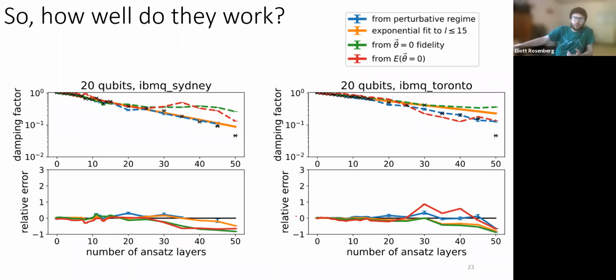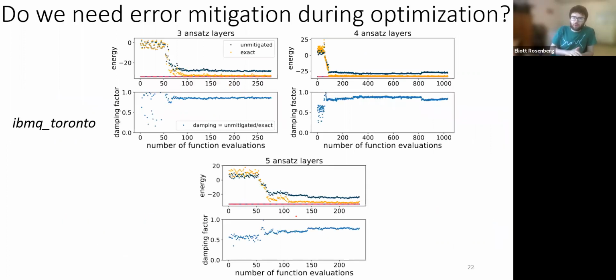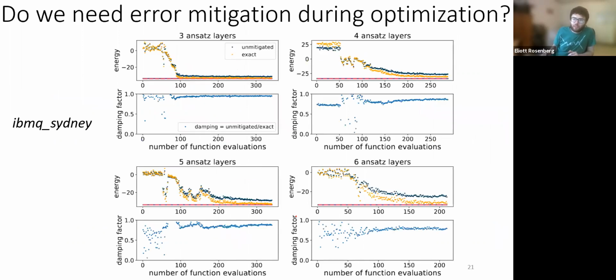So here we're comparing all of these different methods for estimating the damping factor. Well, actually, let me back up and say, one of the takeaways from these slides was that we don't need to do error mitigation during the optimization phase. And that has an asterisk on it, and I'll come back to that later.